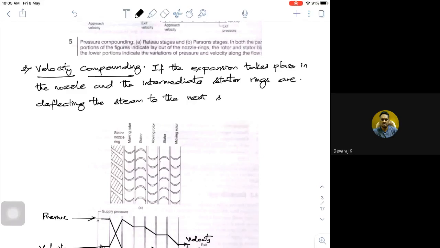That means there is no increase in the kinetic energy. So we call this the velocity component.